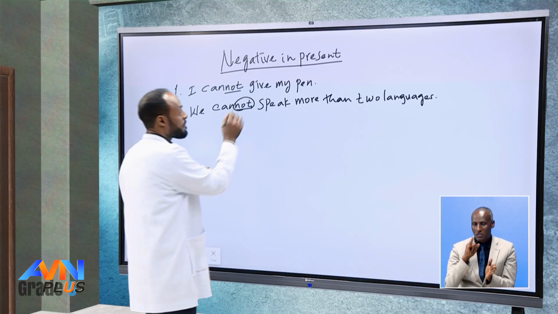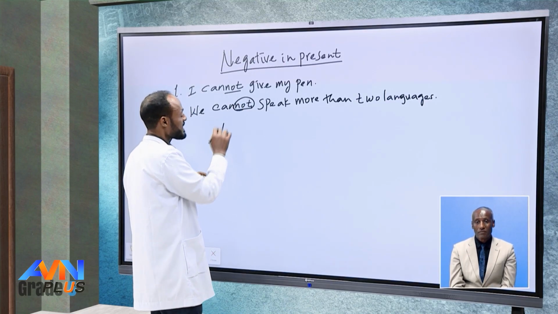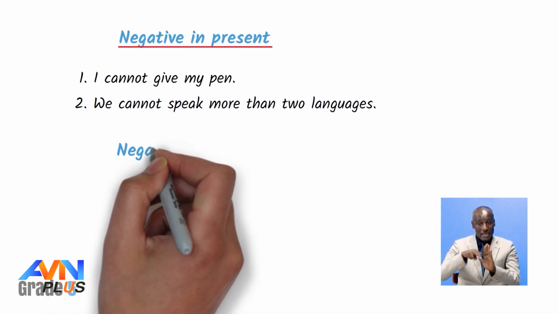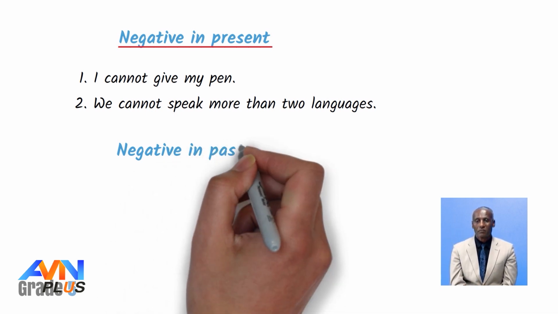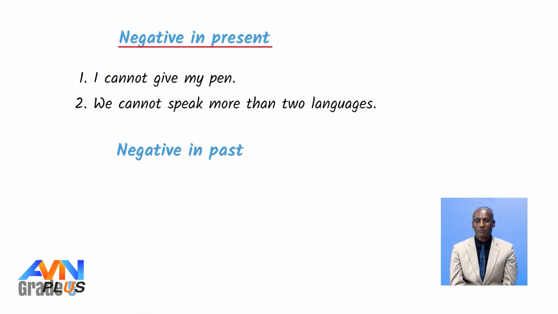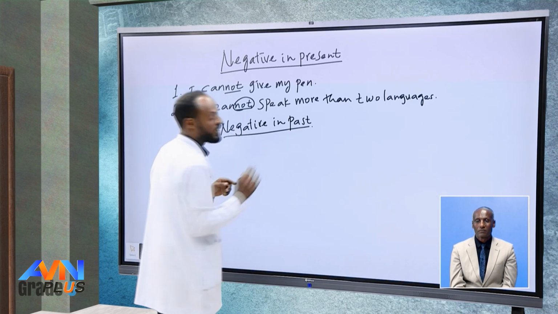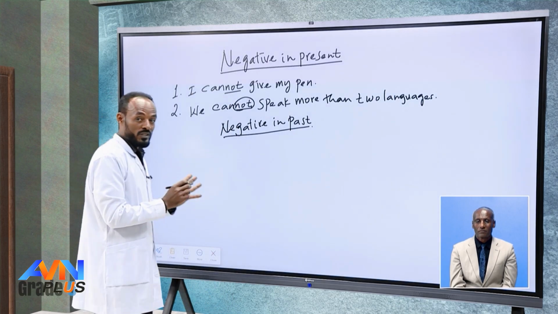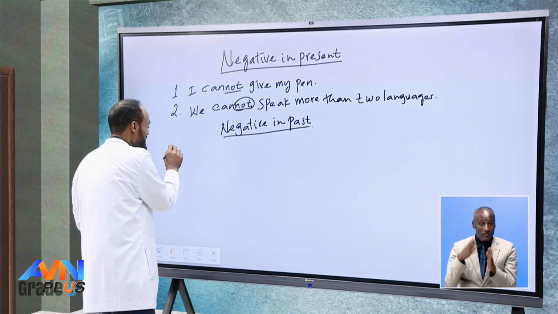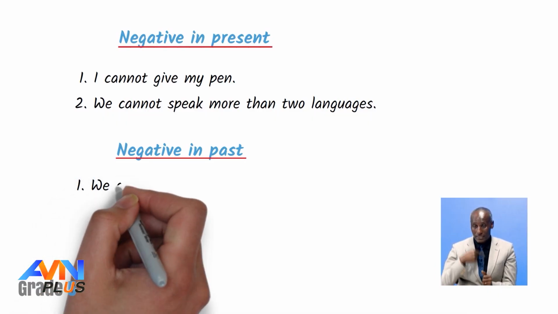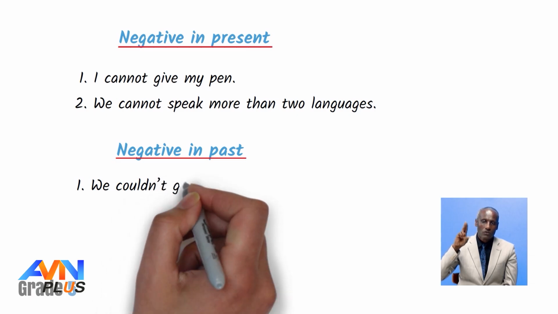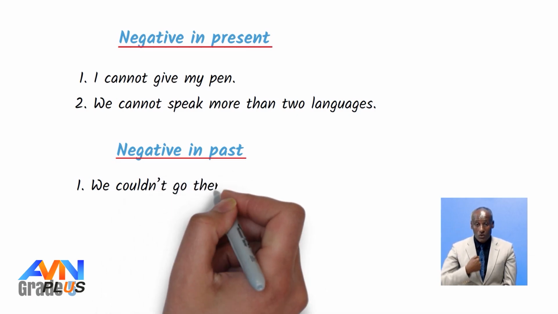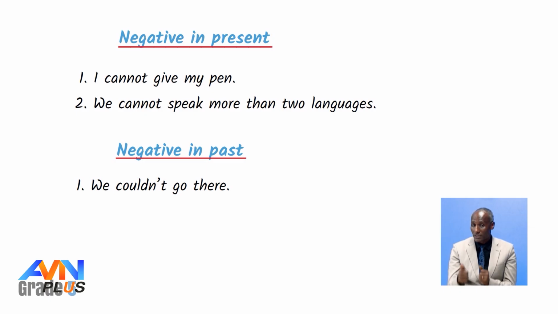What about negative in past? When we're talking about negative in past, we can say could, isn't it? Yeah, so could not. We could not, or couldn't, go there.